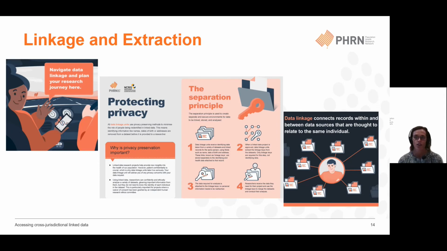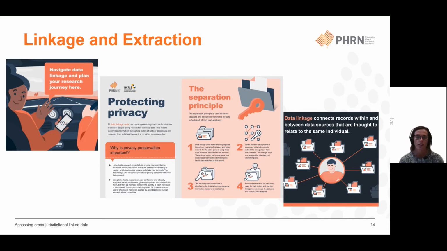For the linkage and extraction of data for your cross-jurisdictional linked data project, the relevant jurisdictional data linkage units will extract linkage keys from the data collections for your project and the cohort or cohorts of interest. The data linkage units then send the project-specific linkage keys to the data custodians who extract the requested content data.